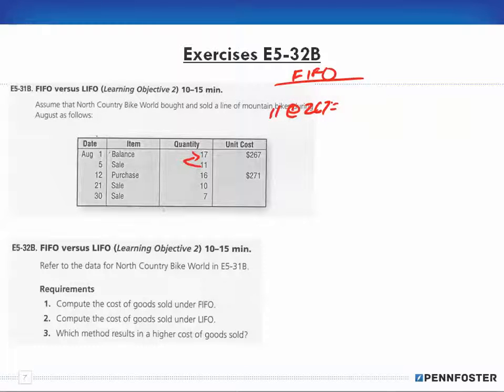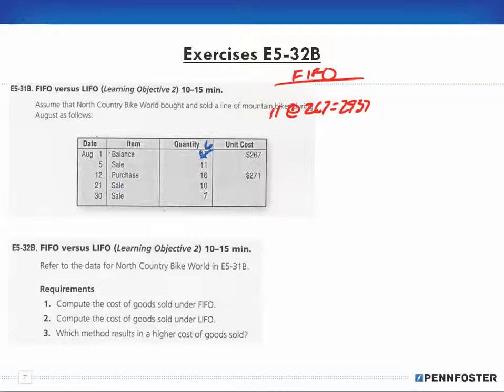And so that means 11 times 267 is 2937. Then here we only have 6 left, because we take 11 out of the 17, that gives us 6 left.